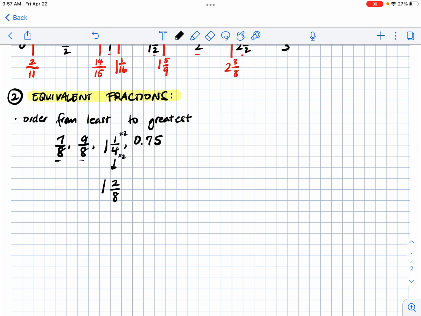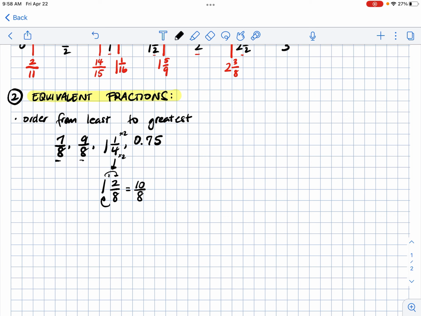To make it a bit easier even beyond that, I am also going to convert this to the improper fraction, because 9 over 8 is an improper fraction, so it's easier to look at. So I'm going to go 8 times 1, which is 8, plus 2, so I know it's going to be 10 over 8. Okay.